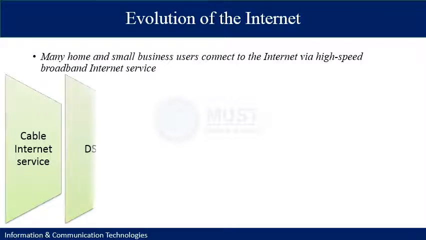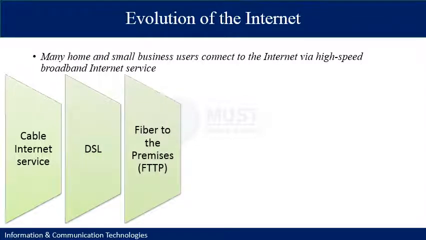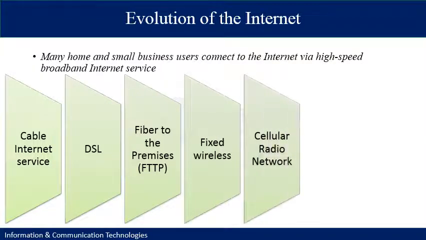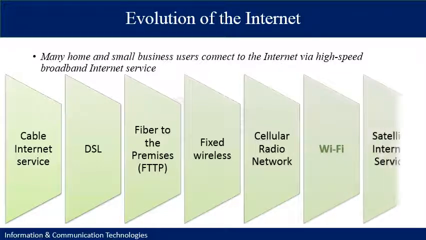So there are different kinds of medium which allow you to connect to the Internet, and these mediums or network facilitators have evolved over time. There are many options available for home and small business users to connect to the Internet using high-speed broadband Internet services.